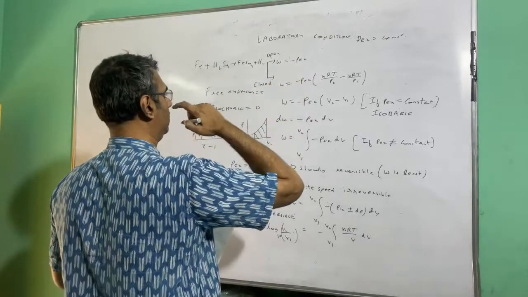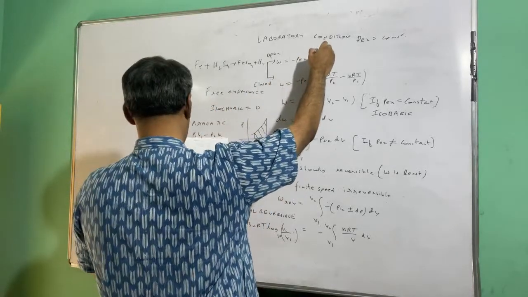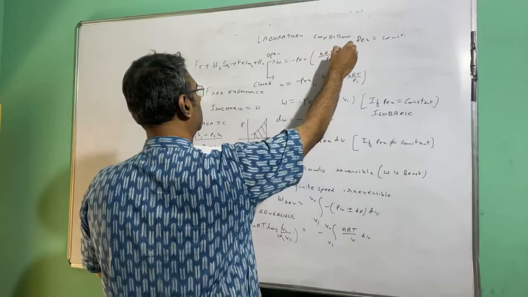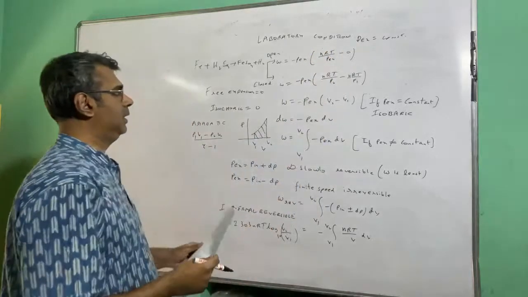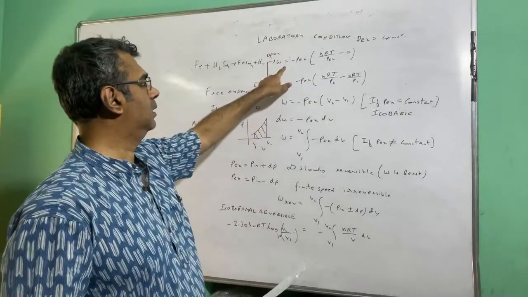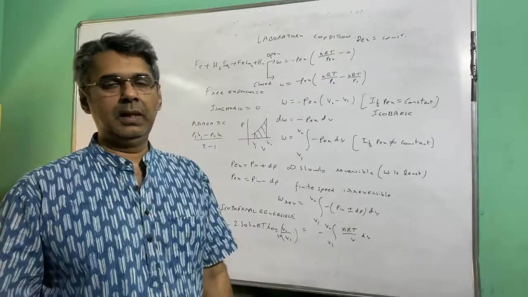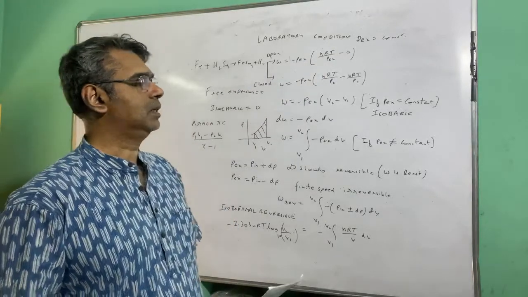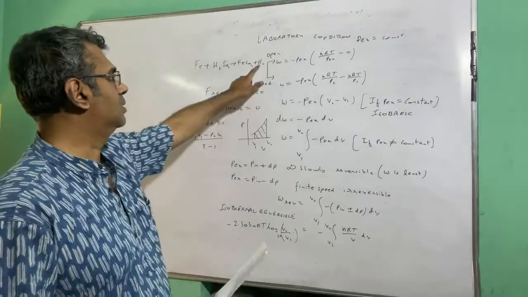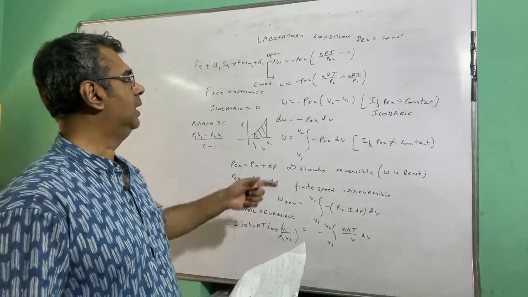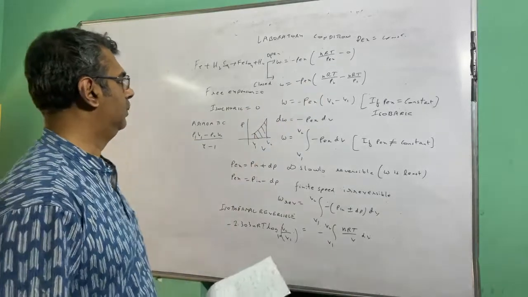W will be minus PEX into nRT by PEX minus 0. Why? Because it's an open beaker, so the gas will come out and it will be at atmospheric pressure only, and the initial volume will be 0.